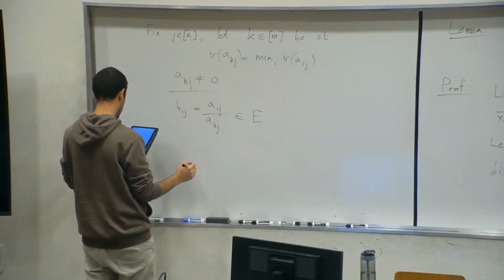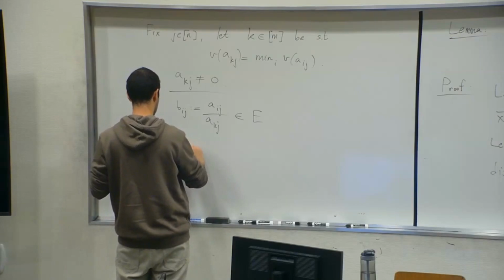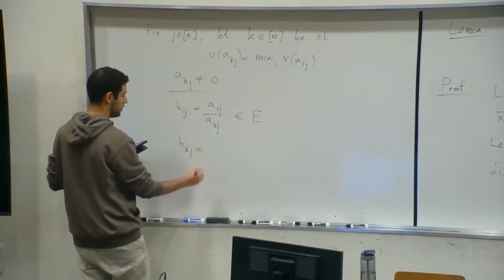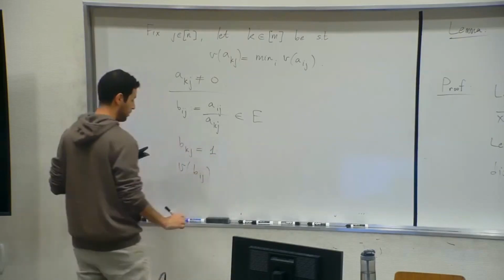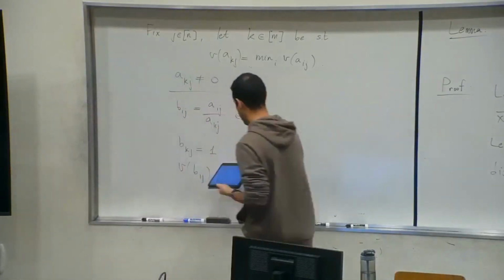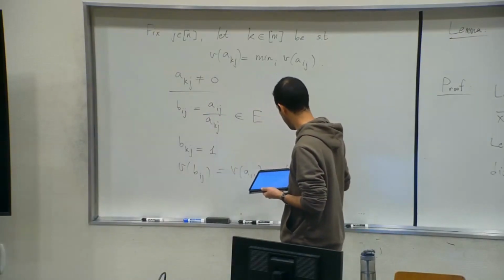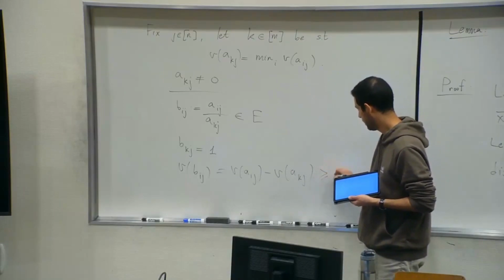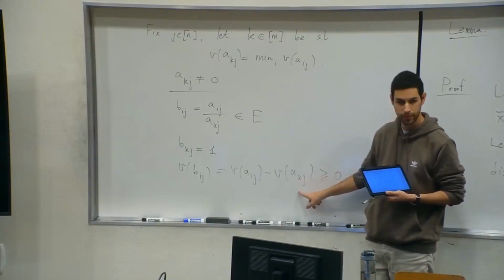And what can we say about bkj? It's 1. And in general, what can we say about the valuation of bij? It's the valuation of aij minus the valuation of akj. So it should be non-negative by definition of k as the minimum.